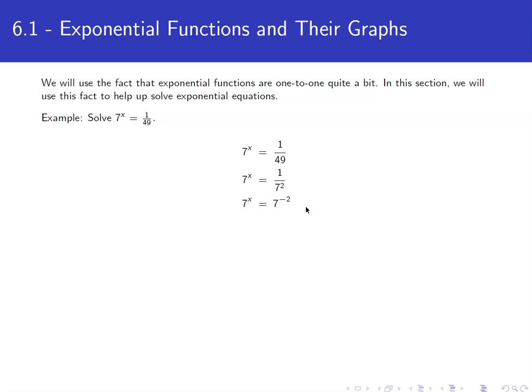So we get 7 to the x equals 7 to the negative 2, and now I have two outputs of an exponential function that are equal to each other. Since the outputs are equal to each other and the functions are 1 to 1, that tells us the inputs are equal to each other, and we get the solution of x equals negative 2.